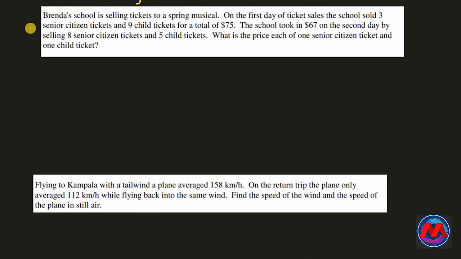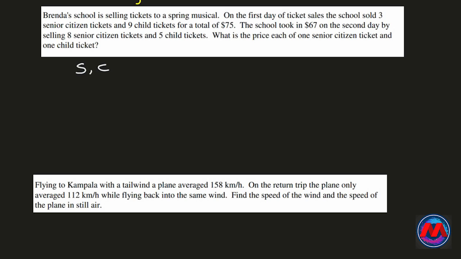Alright? Next problem. Okay. Brenda's school is selling tickets to a spring musical. The first day, the school has sold 3 senior citizen tickets and 9 child tickets. So, hinahanap natin is S, senior citizen tickets, and C, child tickets. Now, sa unang araw daw, we can make an equation.